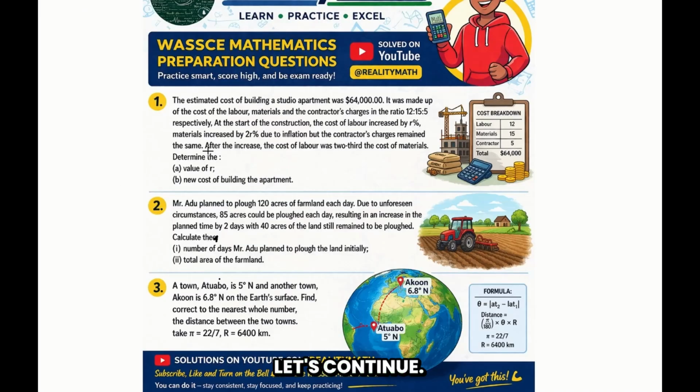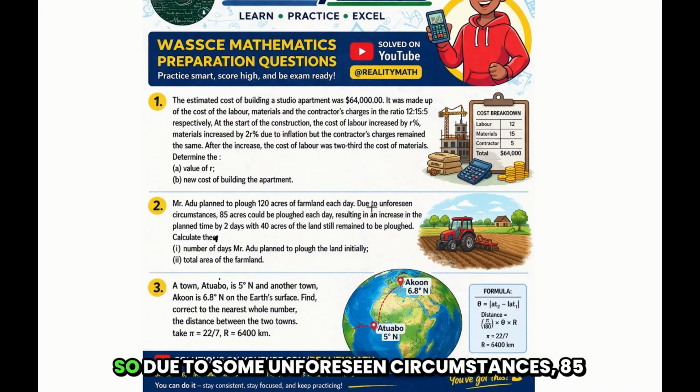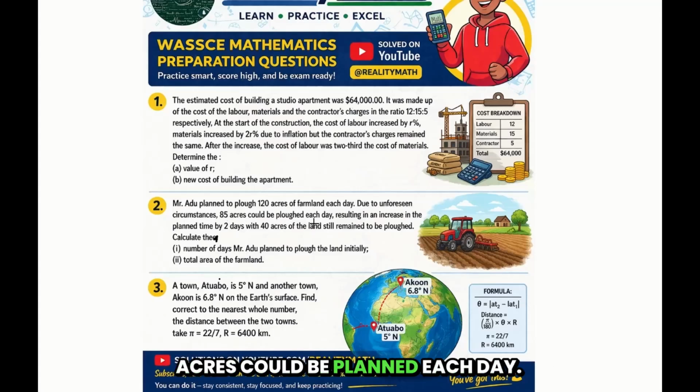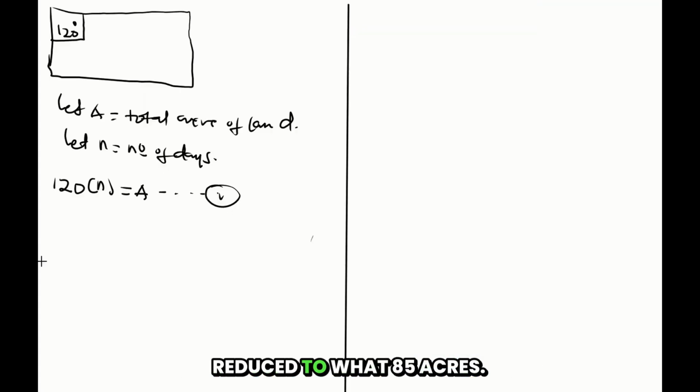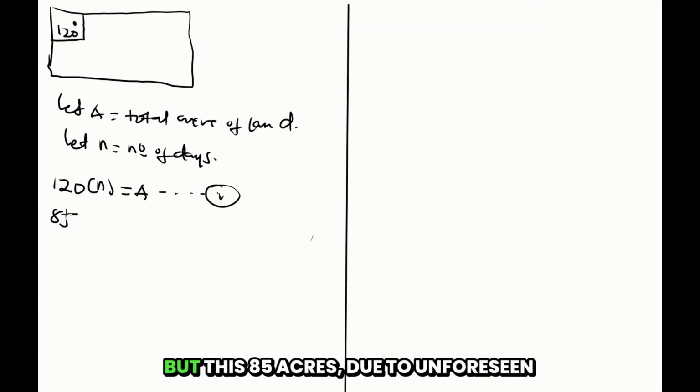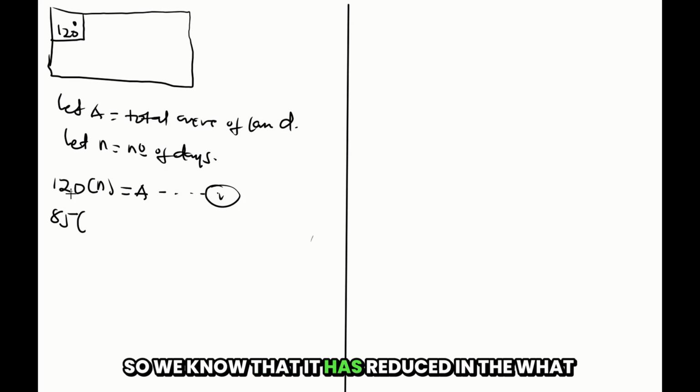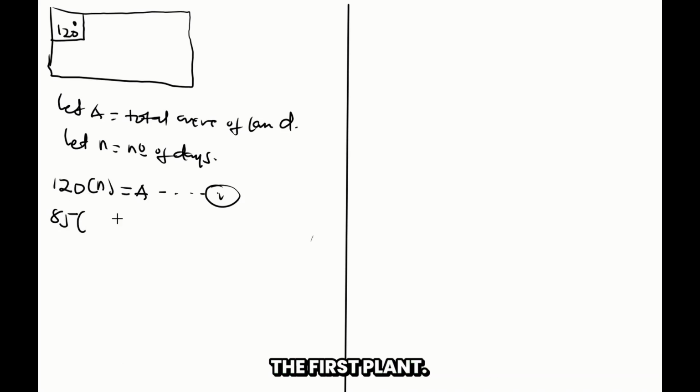Let's continue. Now, due to unforeseen circumstances, 85 acres could be plowed each day. So each day it has now reduced to 85 acres, which is a reduction from the first plan.